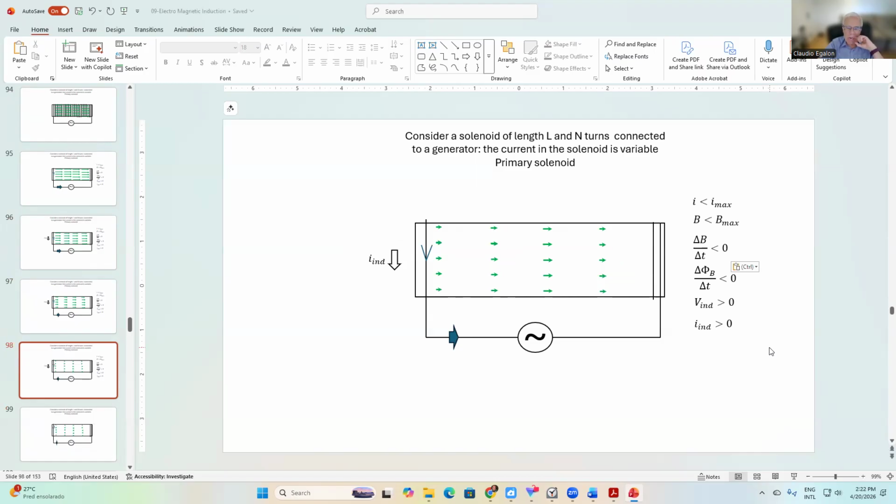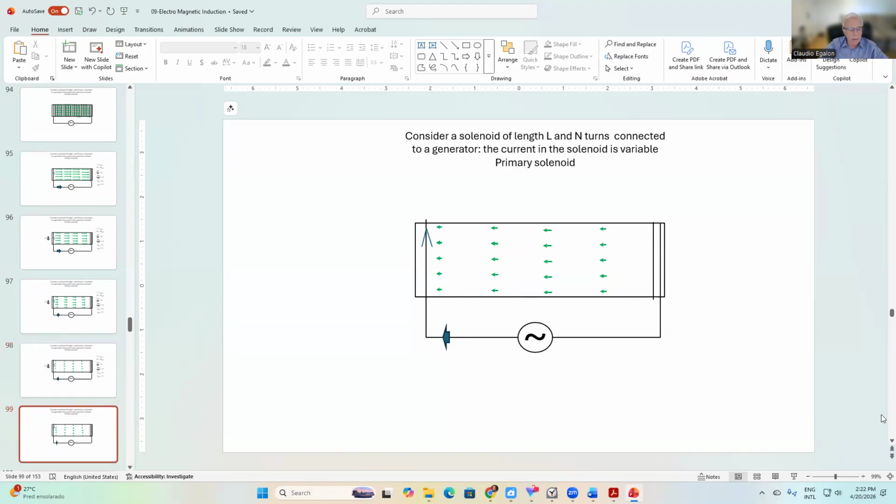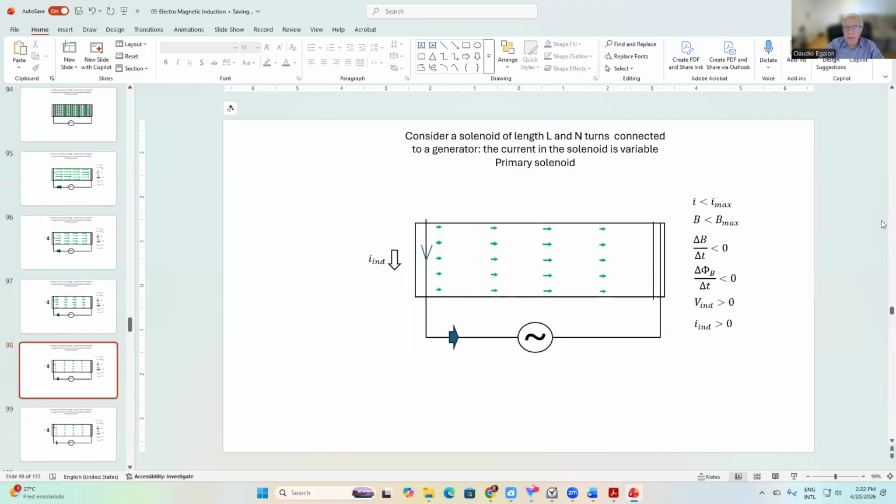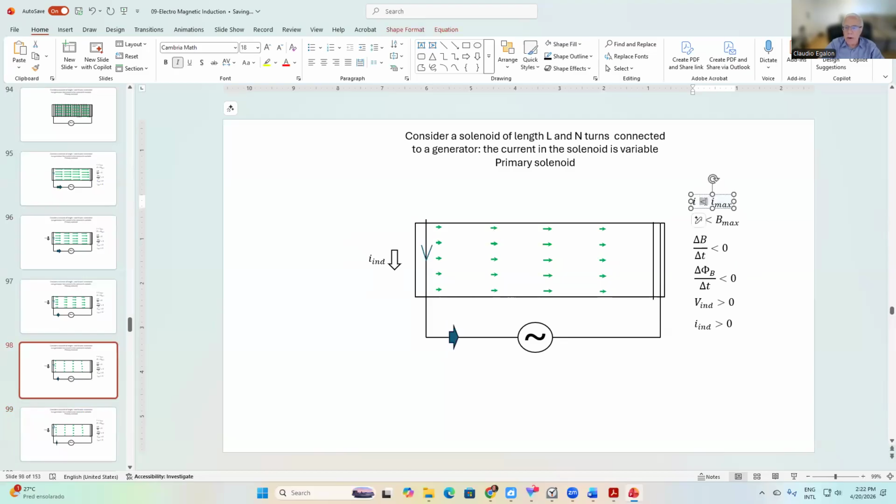The induced current is in the same direction, and then it changes direction. Now let's see here. The current here is approximately zero.